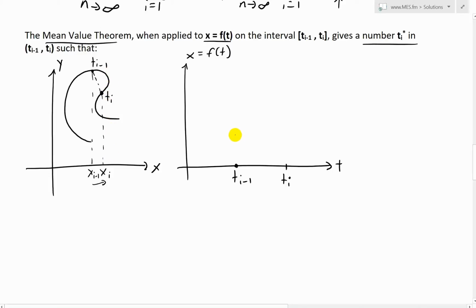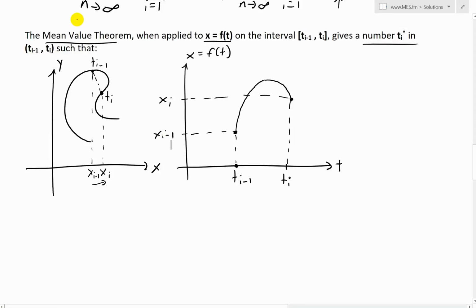So we could start off somewhere like here. We're increasing the x value, because remember x is on the vertical axis now, and eventually it comes back down, but not all the way down. It's still greater than x_{i-1}. So it looks something like this. Let me draw a better curve. This is what we have. This value across here is our x_i, and across here is our x_{i-1}.